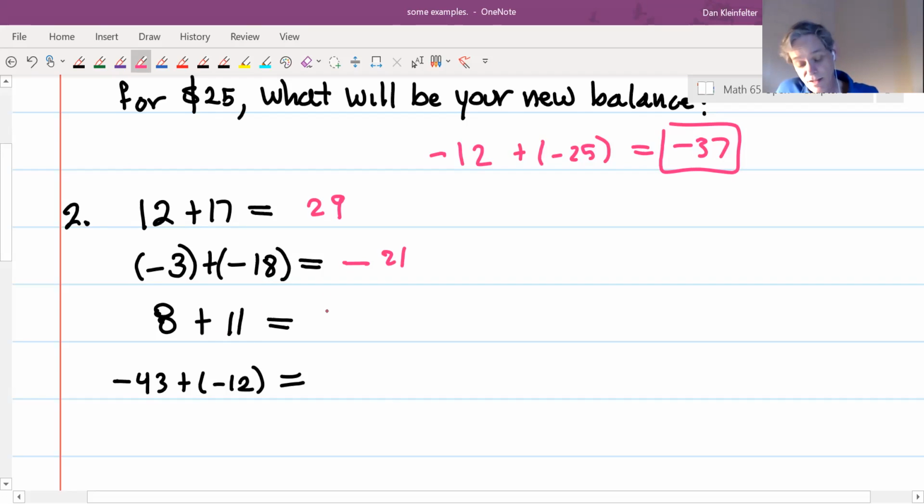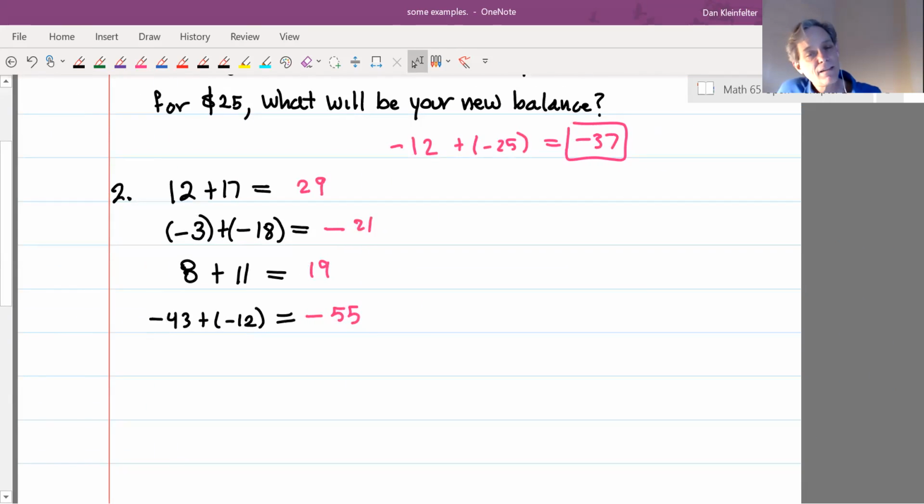Okay, 8 plus 11, 19. Okay, -43 plus -12, again, we're adding together two negative numbers, we'll get a negative answer. 43 plus 12 is 55. Okay, if you don't get those or are not seeing it, let me know and we can go over it.